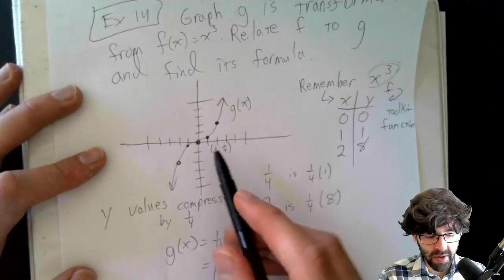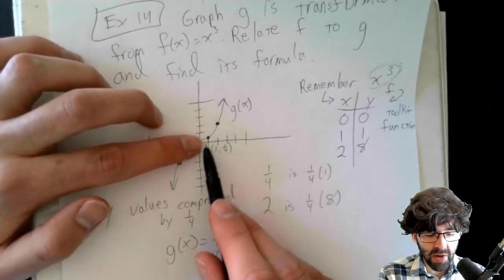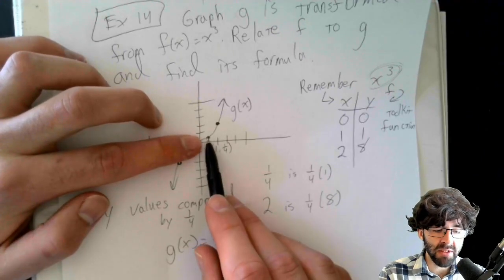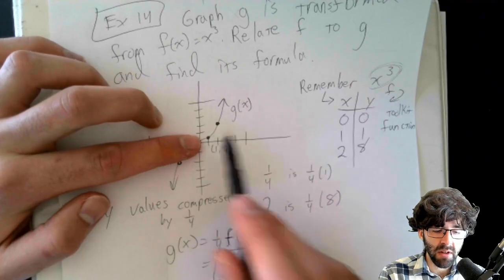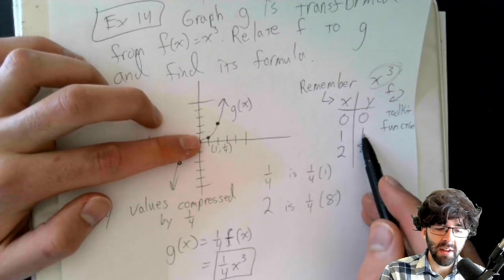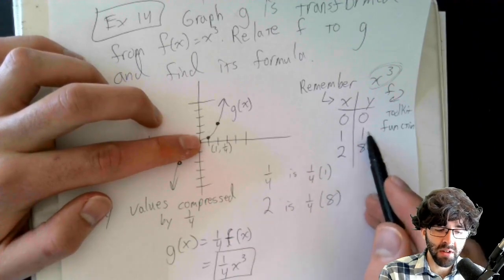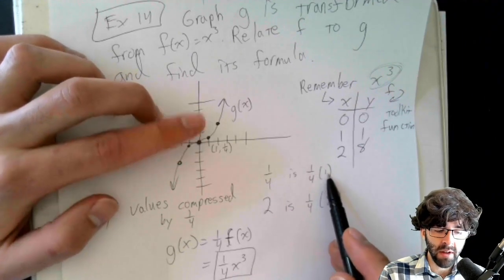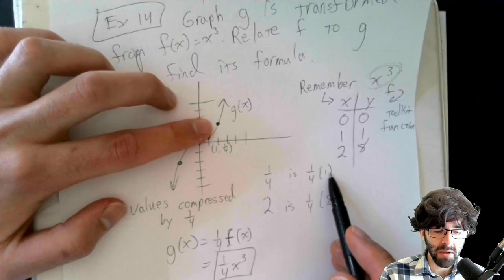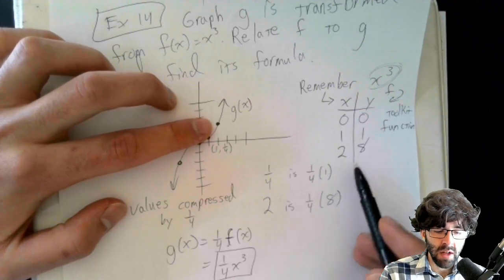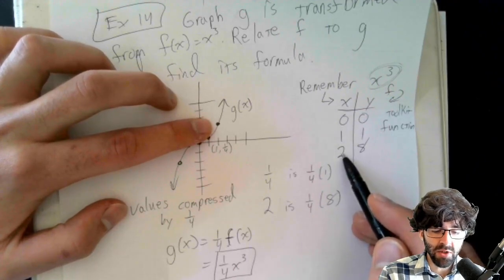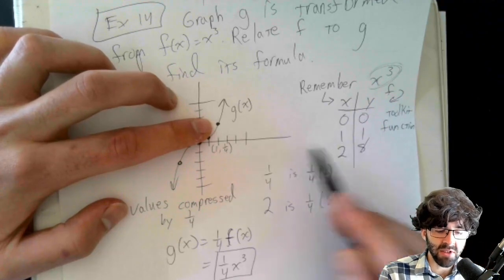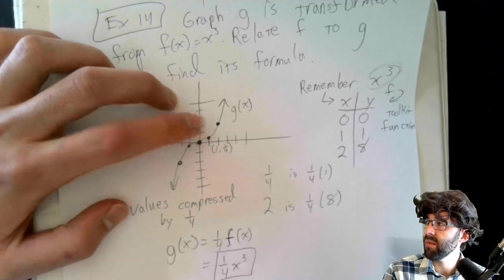And then we said, oh, okay, look at this point right here, 1 comma 1/4. 1 comma 1/4 is the transformed version. 1 comma 1 is the untransformed version. So we looked at the relationship between a fourth and 1. Looked at another point, 2 comma 2. In the untransformed version, it was 2 comma 8. So we related the y values 2 and 8, which is what this came from.